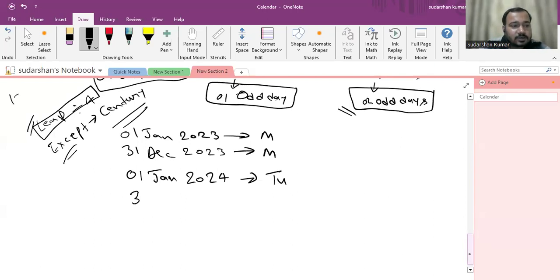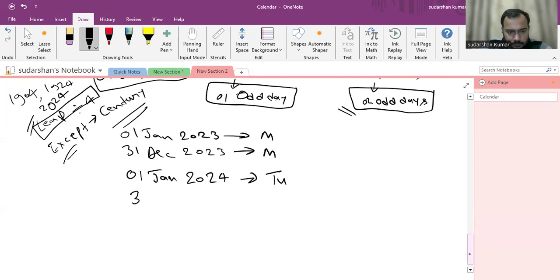As we can understand, 1904, 1924, 2024 are not century years, but they are divisible by 4. Hence, these years are leap years. In these leap years, there is one extra day, the 29th.